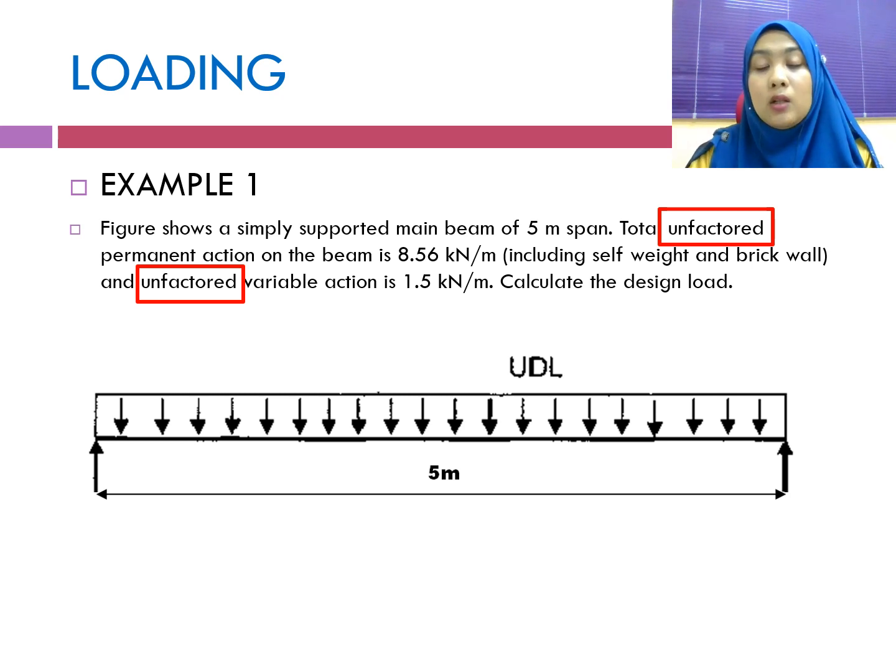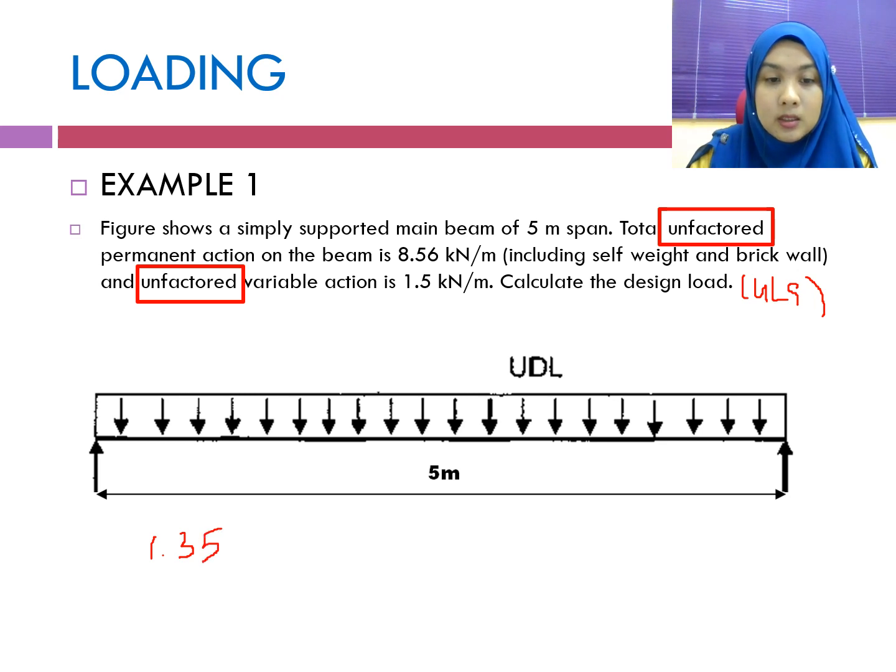Okay, so for design load, basically you will calculate for ultimate limit state. What is the equation for design load at ultimate limit state, if you still remember? It is 1.35 GK plus 1.5 QK.